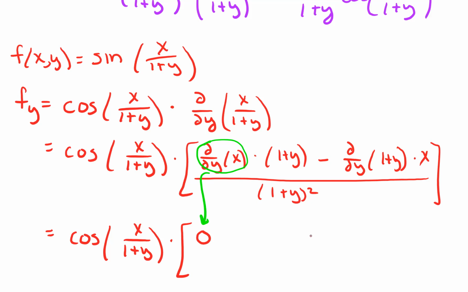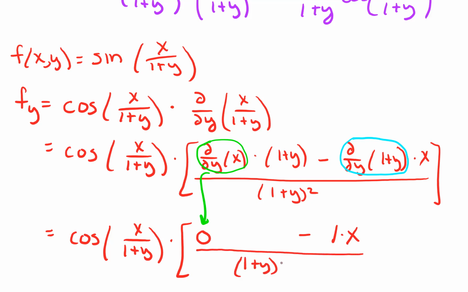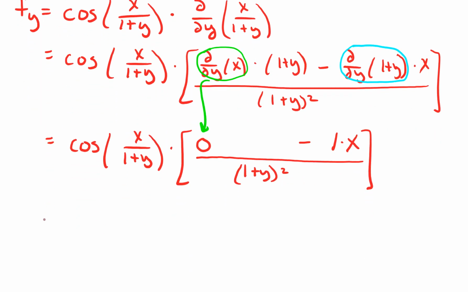Minus, now the derivative with respect to y of 1 plus y is just going to be 1, times our regular old x, so we get 1x, all over the denominator (1 plus y) squared. And again, it's really good form to bring your factors out in front of the trig functions. We've got negative x over (1 plus y) squared times cosine of x over 1 plus y.